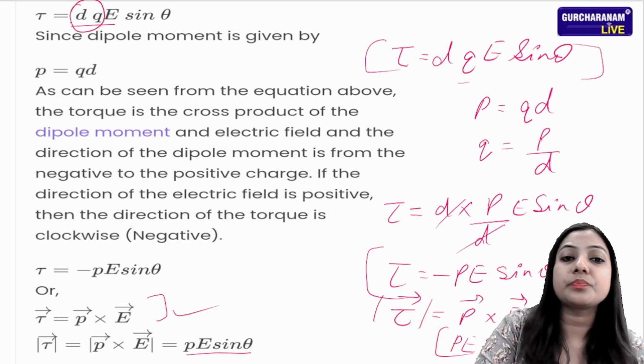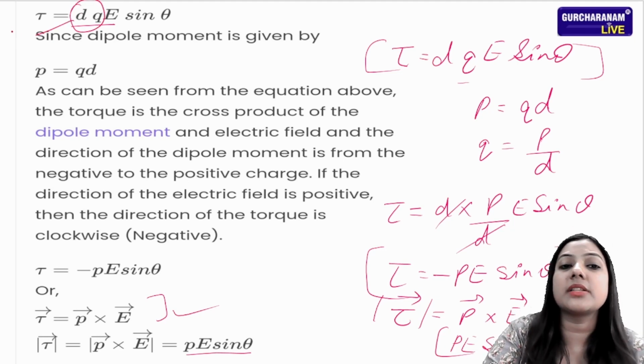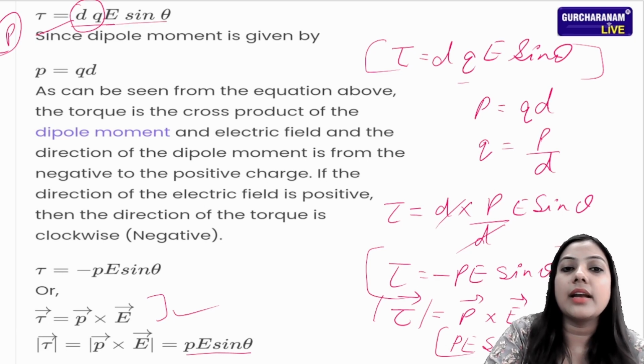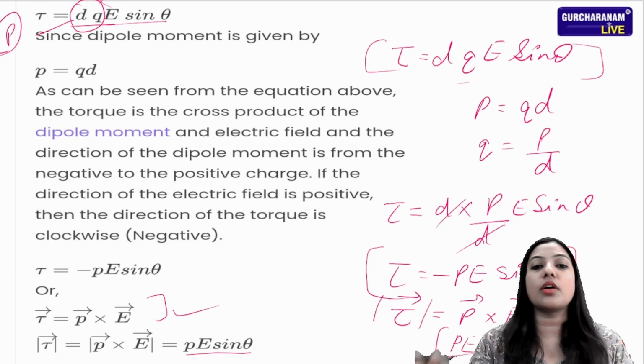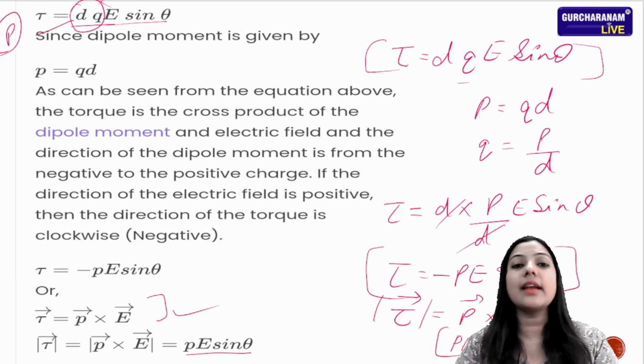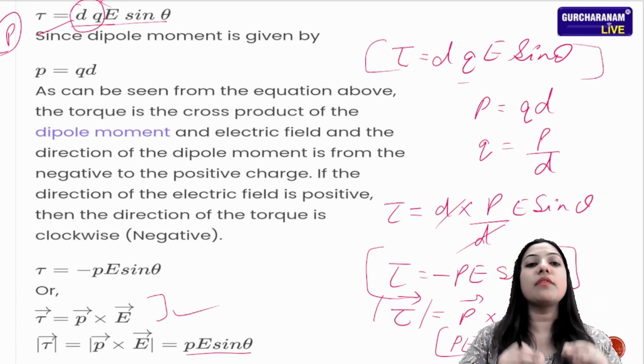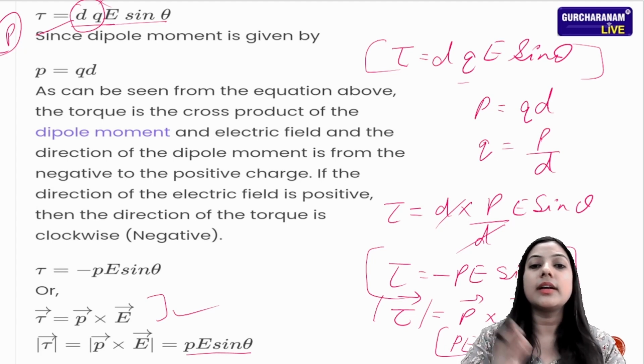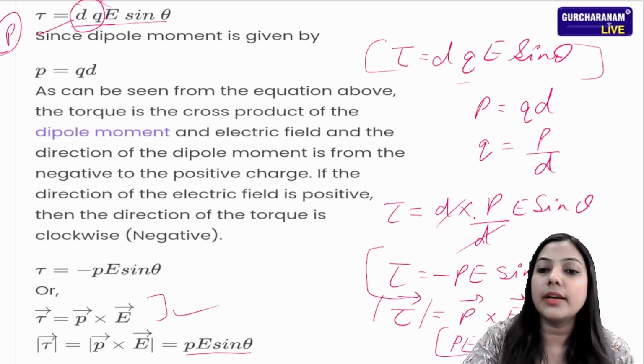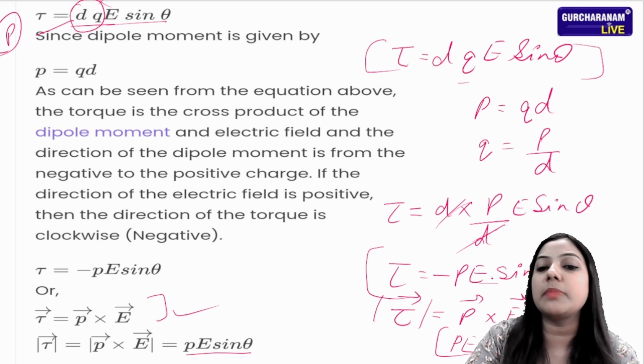That is the cross product of dipole moment and electric field, because P equals Qd. What does Qd represent? Qd is equal to P, the dipole moment, and it is crossed with the electric field. And if we put the value of Q in this, d is cancelled by d and we will get minus PE sin theta.